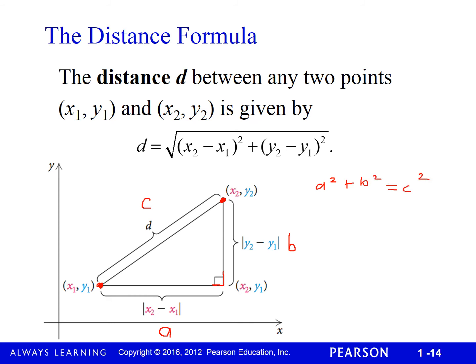And in this case, we would take a square root of both sides and get c equals the square root of a squared plus b squared.